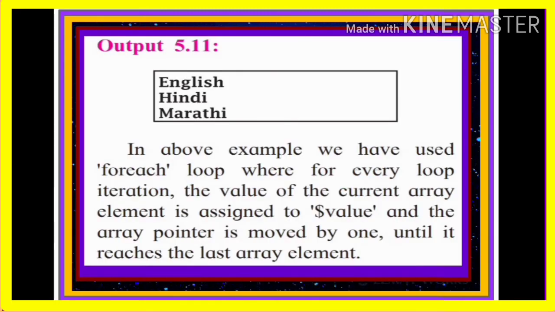The output shows English, Hindi and Marathi. In the above example, we have used a foreach loop, where for every loop iteration, the value of the current array element is assigned to $value and the array pointer is moved by 1 until it reaches the last array element. Here, the last array element is Marathi.